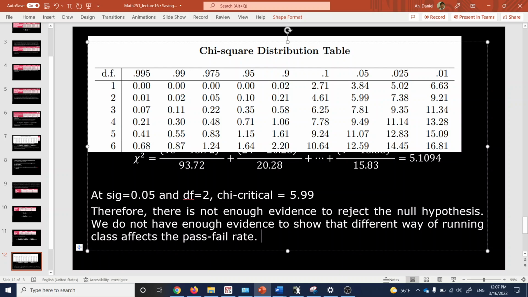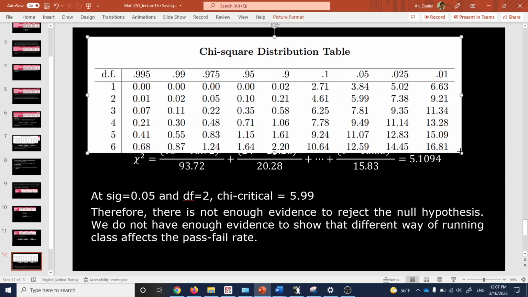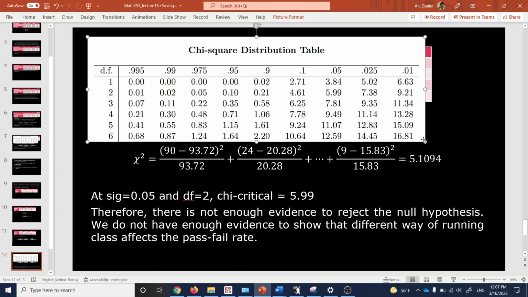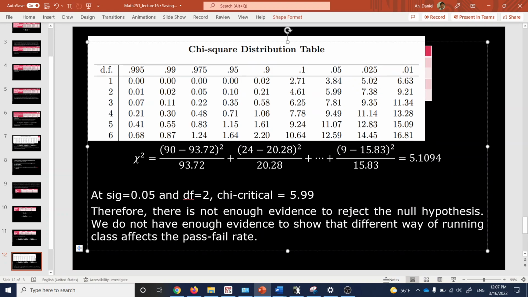Okay? We don't have enough evidence because the data did seem to show something, but it wasn't strong enough. That's what it is. Okay?